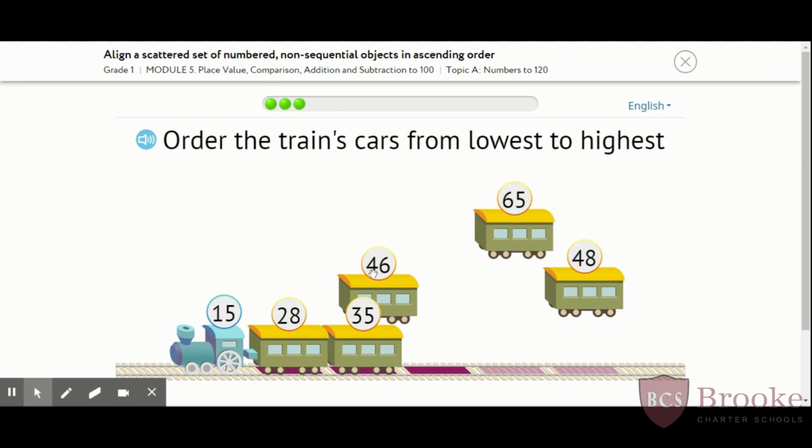That's tricky. They tied, 4 tens here and 4 tens here. 4 tens is definitely smaller than 6 tens, but which number comes first? If I want to go with the lowest value, would it be 46 or 48? I agree. 46. Why?